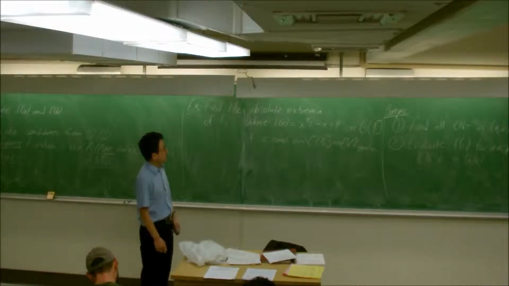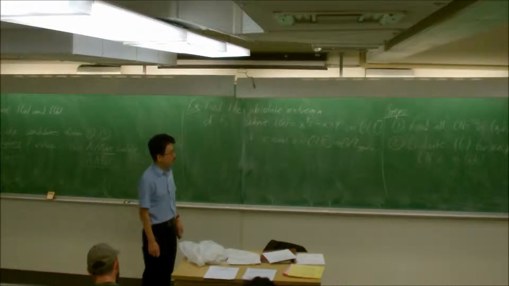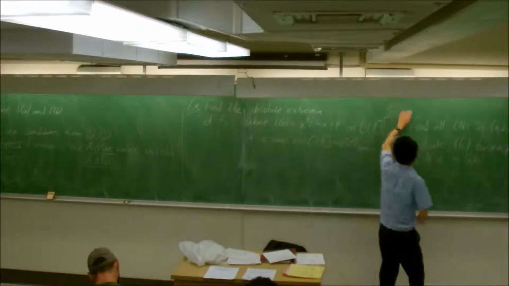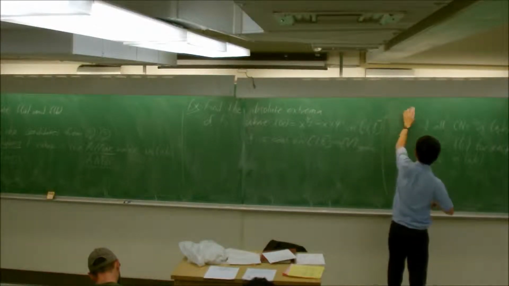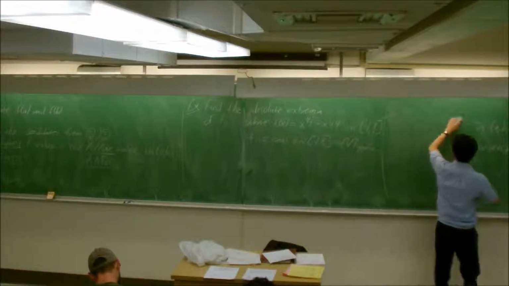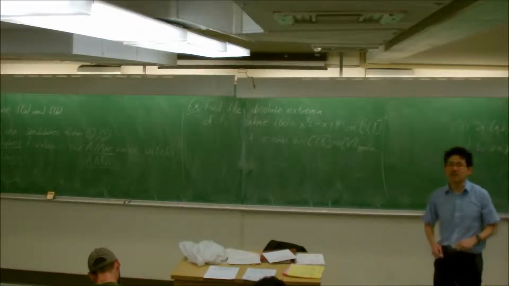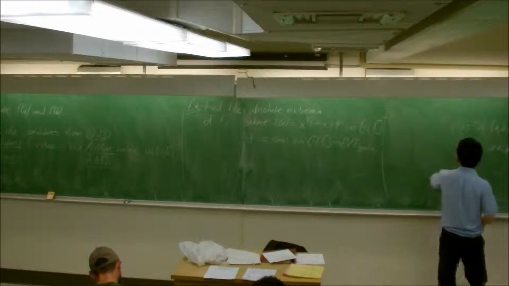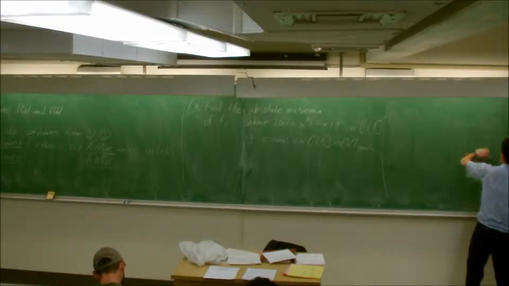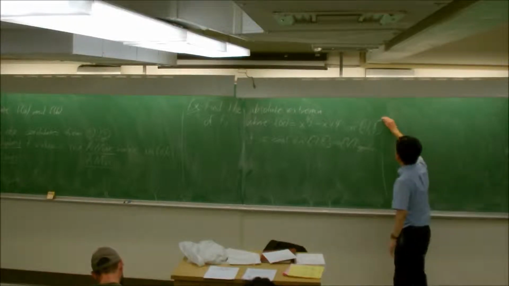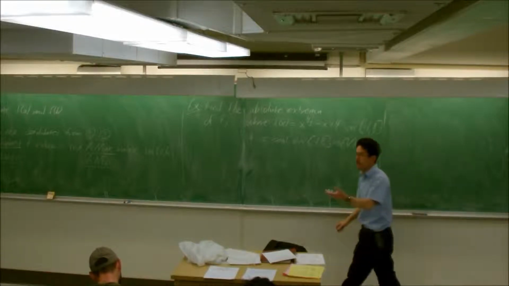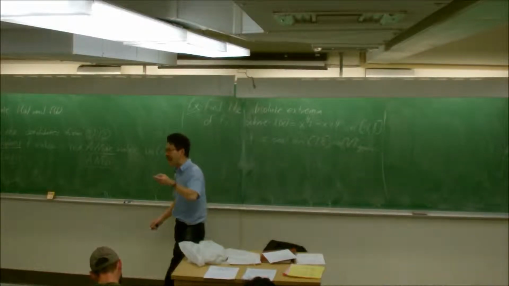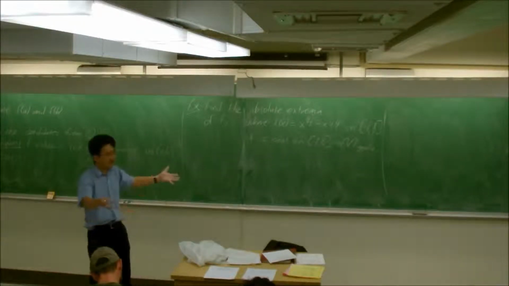First of all, and here's the hard part, find all the CNs in the open interval. That's the hardest part. What's a CN? It's a critical number. These are candidates for finding local extrema. But we don't have to identify who's a local max versus local min. We're just going to put all these candidates together.